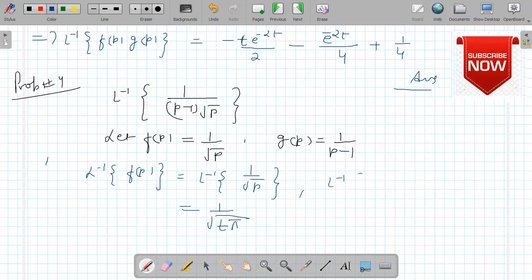And Laplace inverse of Gp is e raised power t. So this is Ft and this is Gt. That's why we have selected this as Fp and this as Gp, because its Laplace inverse is complicated.